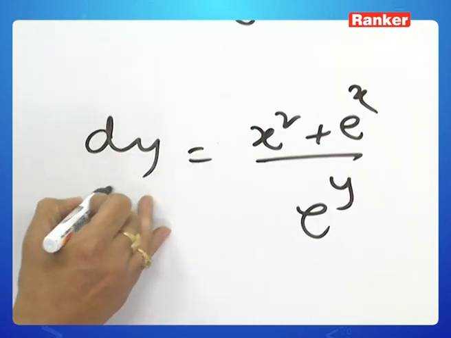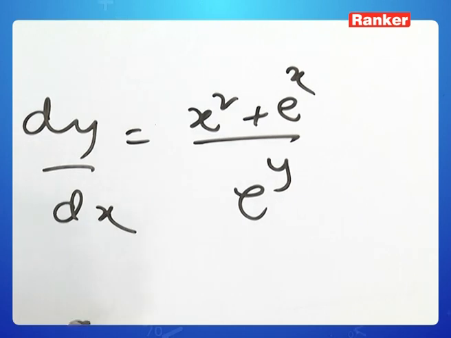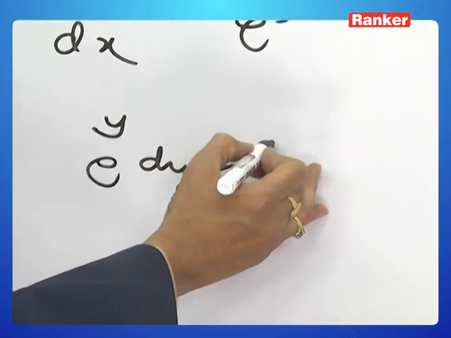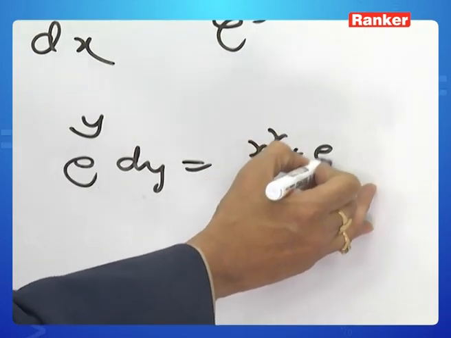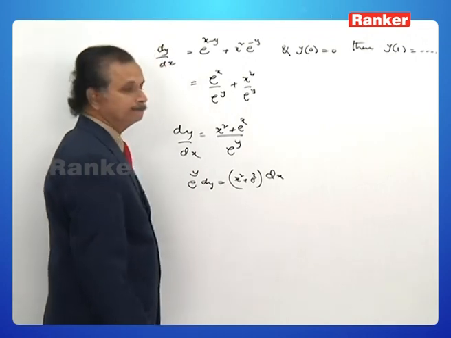This is all dy by dx is equal to, you just cross multiply, e power y dy is equal to x square plus e power x dx.